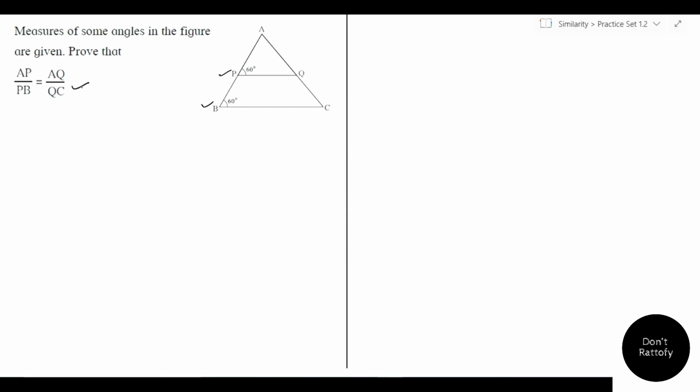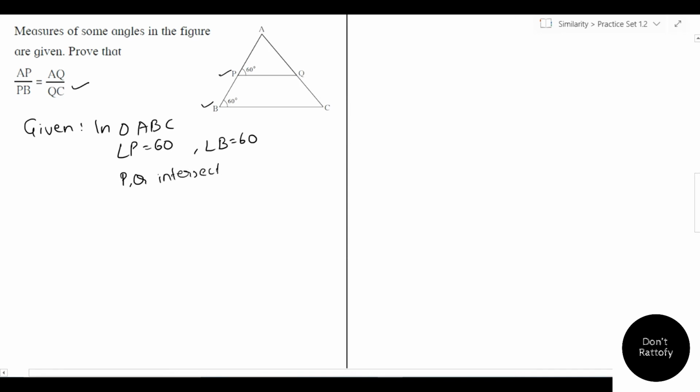If we are able to prove that PQ is parallel to BC, then from the basic proportionality theorem we can prove what we need. Okay. So what we'll do is we have to write the given first. In given, I have in triangle ABC, angle P is equal to 60 and angle B is equal to 60. We also have that points P and Q intersect AB and AC in two distinct points.